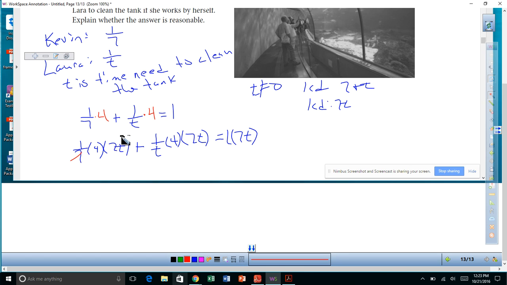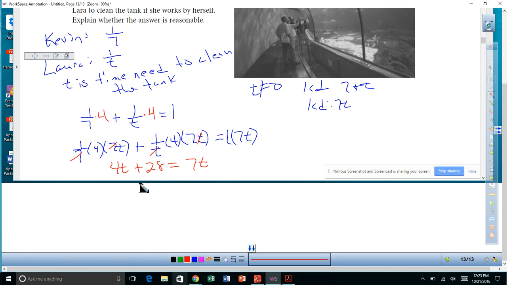We can get rid of the 7's here, and the t's here. So you got 1 times 4 times t, which gives you 4t. You got 1 times 4 times 7, which gives you 28. And over here you have 1 times 7t, which is 7t.